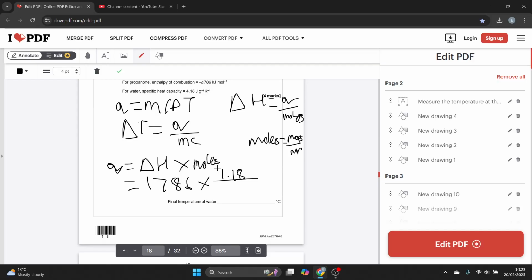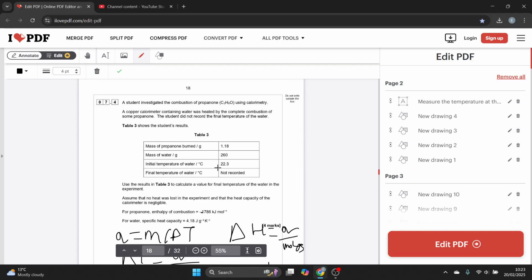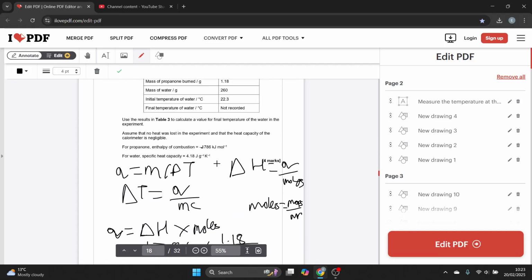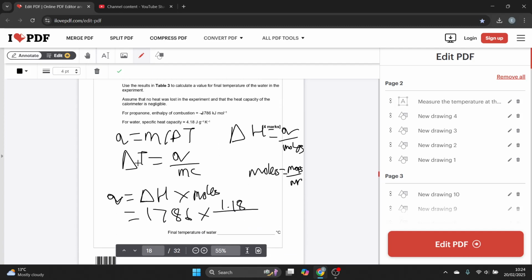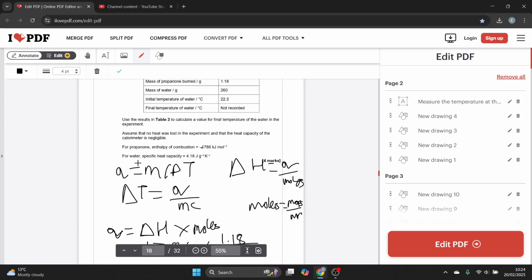It's 1786 times 1.18 over the Mr, which is 12 plus 12 plus 12 plus 16. Oh, sorry, that's 6 hydrogens here. Got confused. So just plus 6 plus 16. 58 point something, giving 3358627. That's Q.